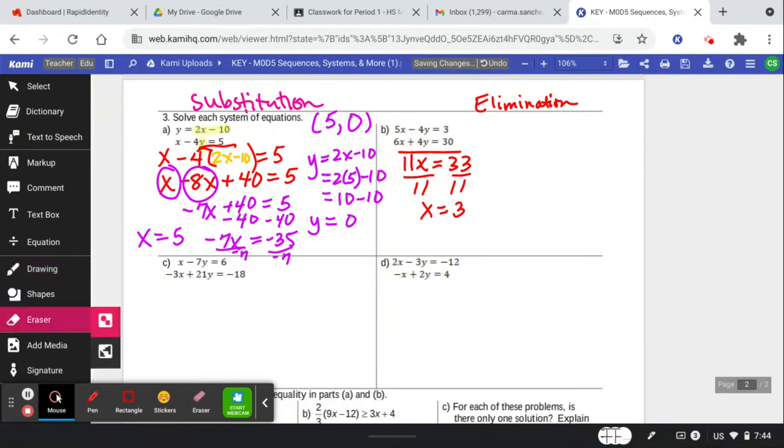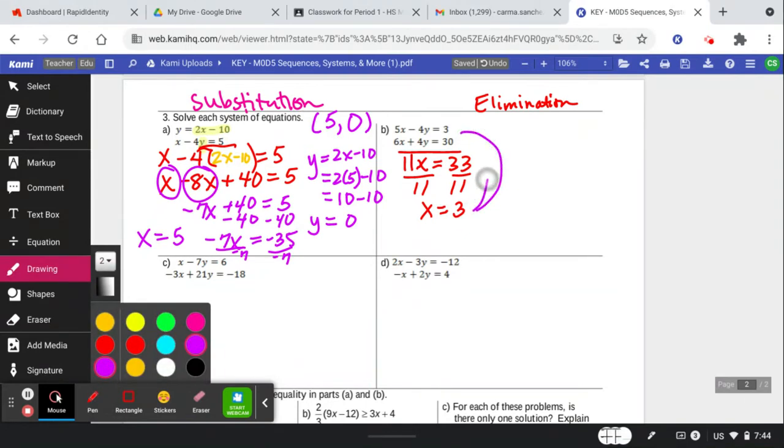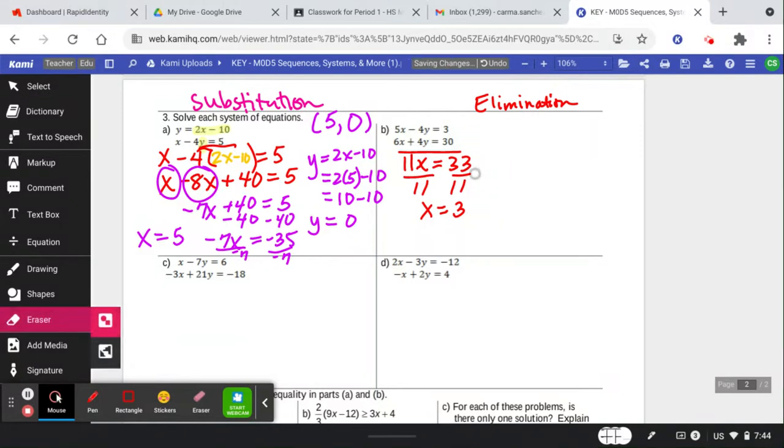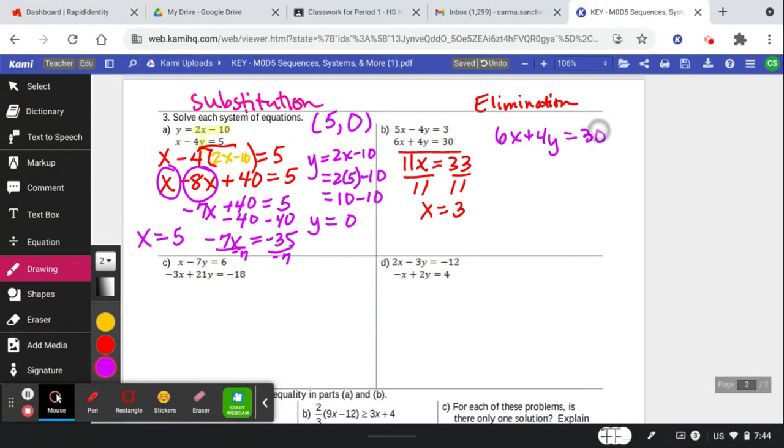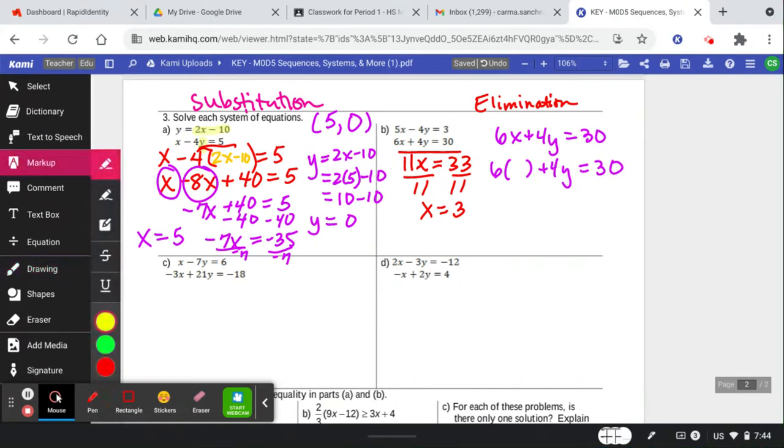Now, going back to plug in the x equals 3, I can use either equation. I can plug it back into this one, or I can plug it back into this one. It's your choice. Doesn't matter. I'm going to pick the bottom one. Okay, so here I go plugging in the 3 that we just got for x.